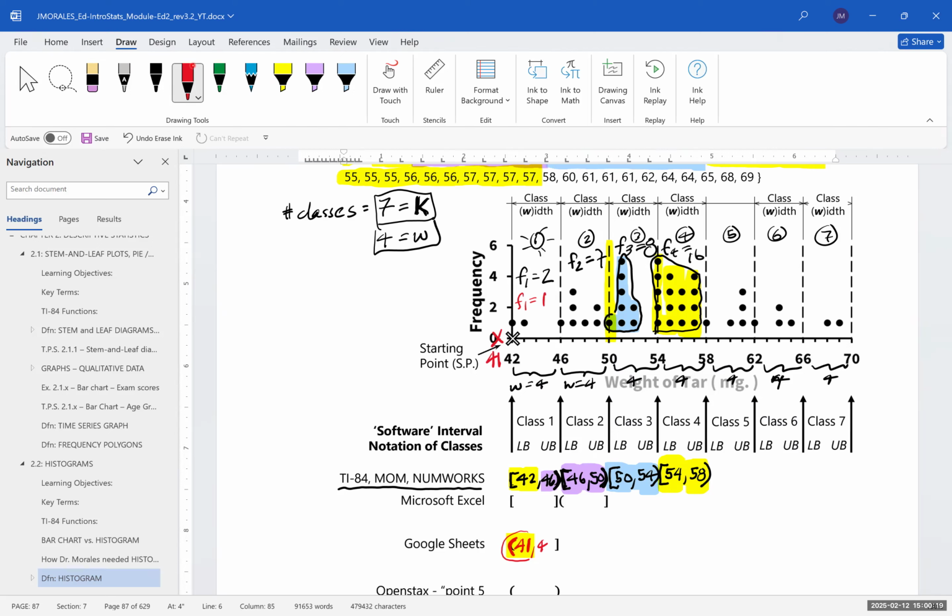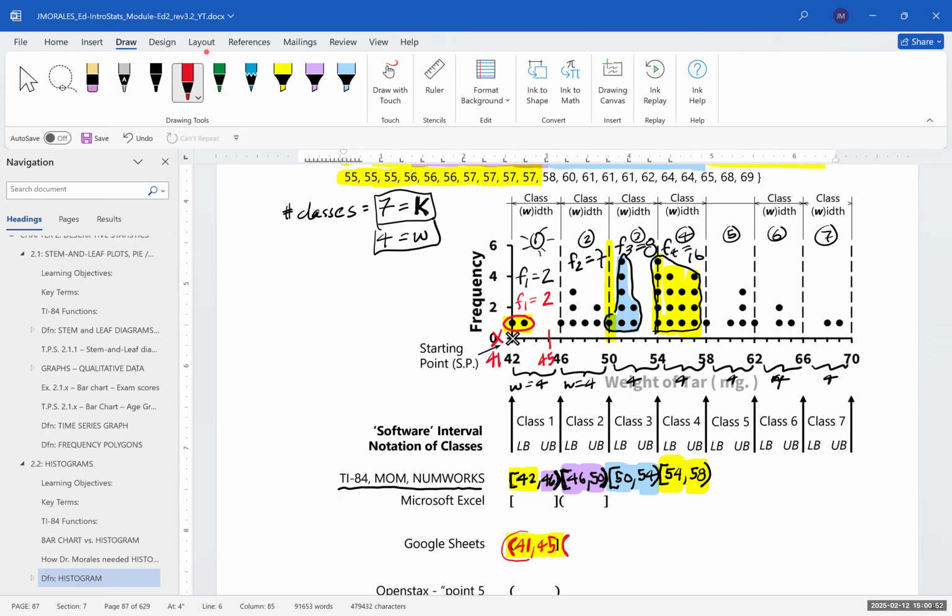So then this upper bound in this class would have to be 45. So we're going to have datums that are greater than 41, but less than or equal to 45. So that would include these two, but it would stop here at 45. And then that would end up giving us a frequency of 2, because that would include these two datums right here. And then we'd go through and just keep defining the rest of the classes.